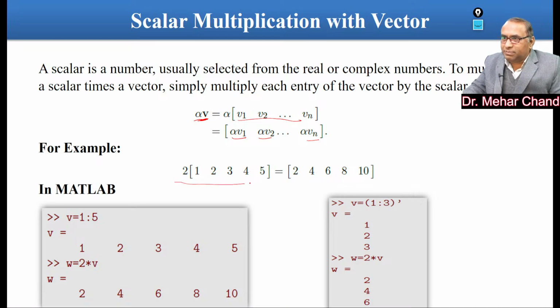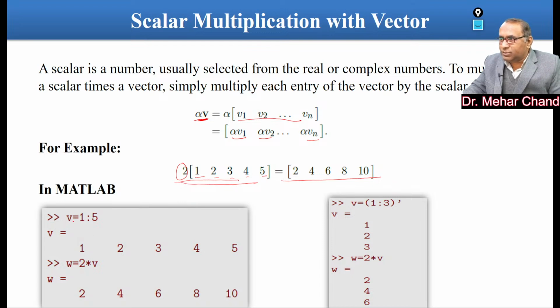So all the components of vector v will be multiplied with this scalar. And here is the example. You can see 2 is a scalar and 1, 2, 3, 4, 5 are the elements of the vector v, and when you multiply with the scalar, all these will be twice.